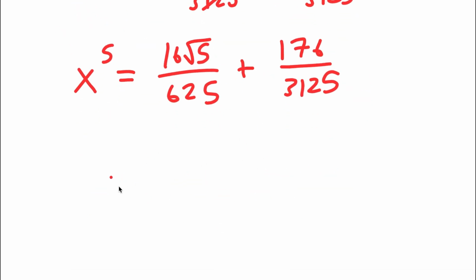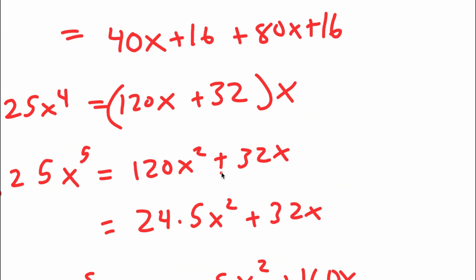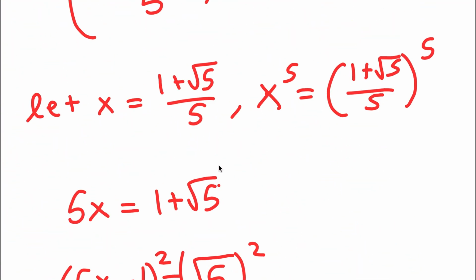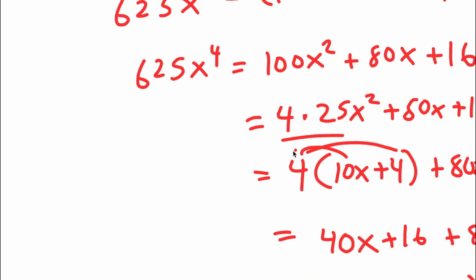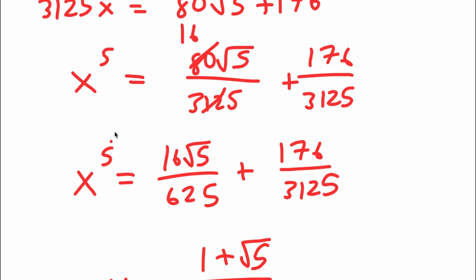Now, remember how x is equal to (1 plus the square root of 5) over 5. Well, what we're evaluating for is (1 plus the square root of 5) over 5, to the power of 5, which is the value of x to the power of 5. Well, notice over here, that's exactly what we have.